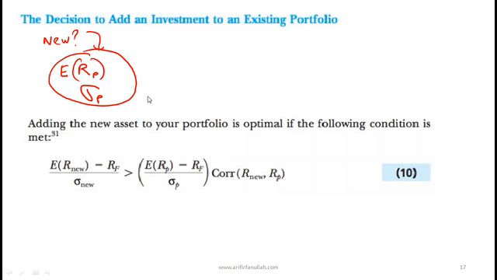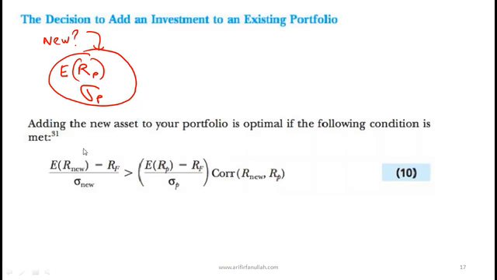And the answer is this. Let's understand the formula, and then the logic should also make sense. What you do is, you look at the expected return of your new asset. Okay, let's say that the new asset is General Electric stock. So you look at the expected return on General Electric minus the risk-free rate divided by this. So what is this?